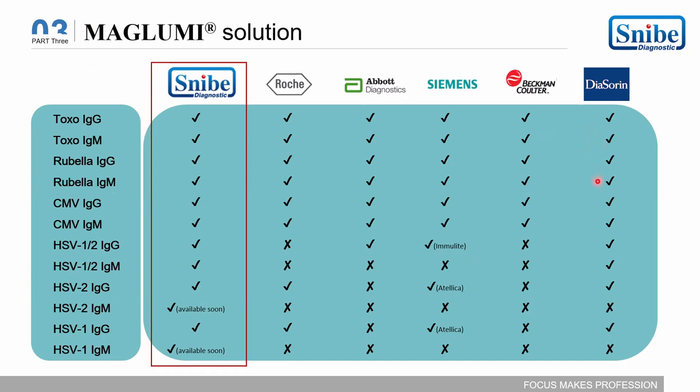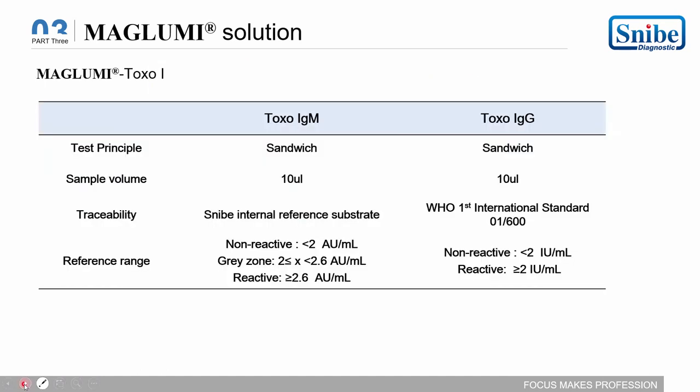If you talk about DiaSorin, their missing part is HSV2 IgM and HSV1 IgM. These two assays are still missing from the DiaSorin platform. We have a very comprehensive solution for TORCH from one window, really very comprehensive compared to the other competitors in the market.